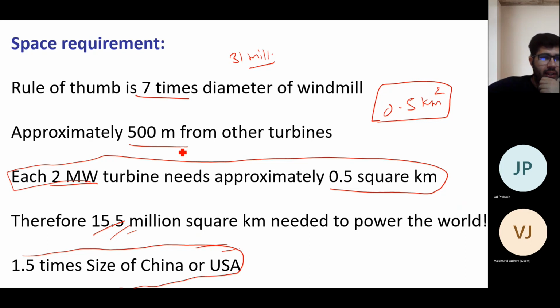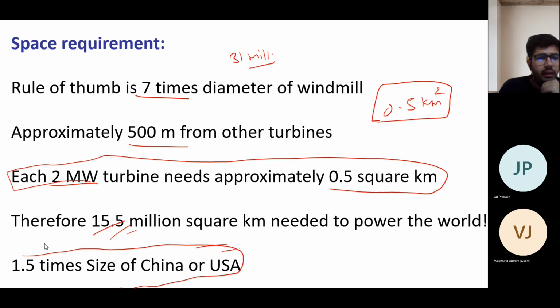We have been given that each 2 megawatt turbine needs approximately 0.5 square kilometer. So if you have a 2 megawatt turbine, you will need approximately 0.5 square kilometer of area for that single wind turbine. This data can be useful to calculate the space requirement for 22 million and 15 million wind turbines.